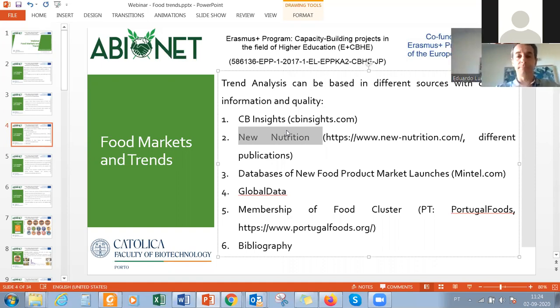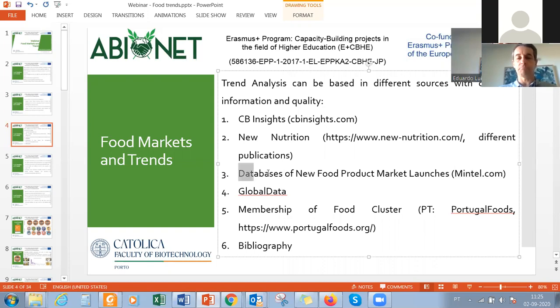Then there's a good, interesting source, which is databases of new products launched in the market. One of those is Mintel. There are others. And what is their idea?